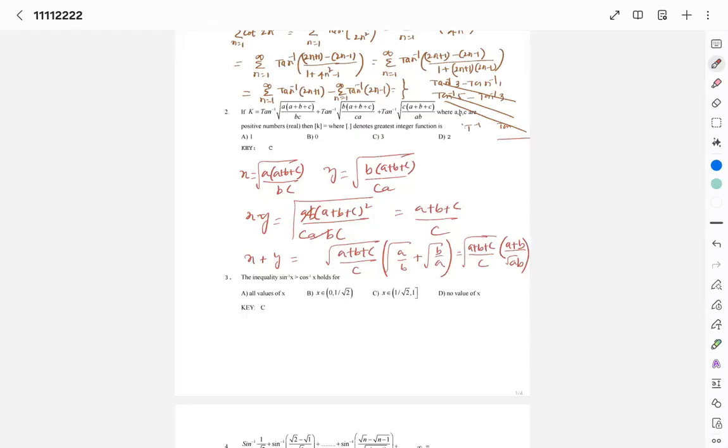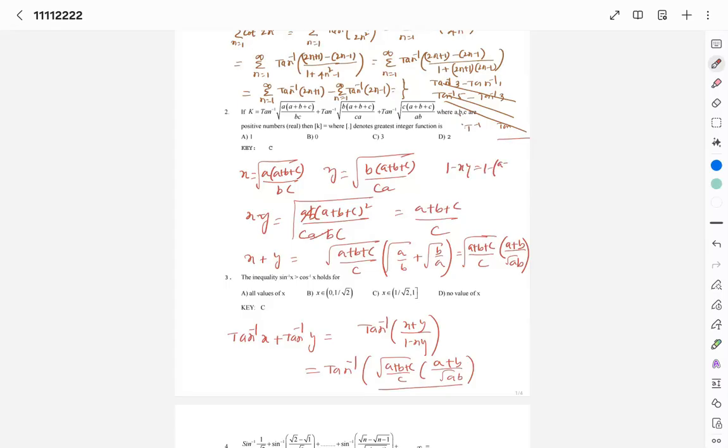So now, if you use tan inverse x plus tan inverse y as tan inverse of x plus y by 1 minus xy, x plus y will be root of a plus b plus c by c, into a plus b by root ab. 1 minus xy will be 1 minus a plus b by c.